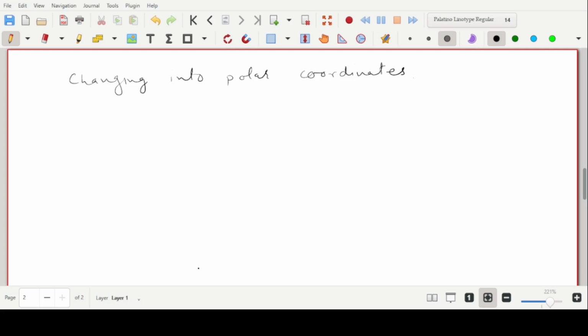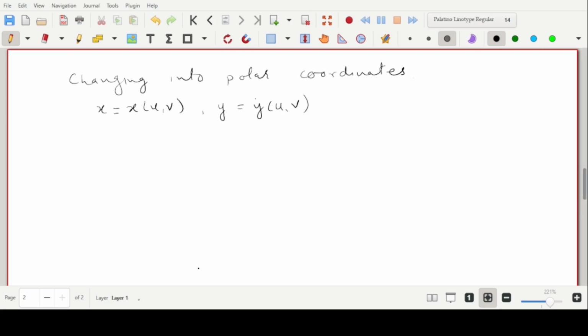In such cases, as we have seen, x is a function of variables u, v, and y is a function of the same variables u, v.